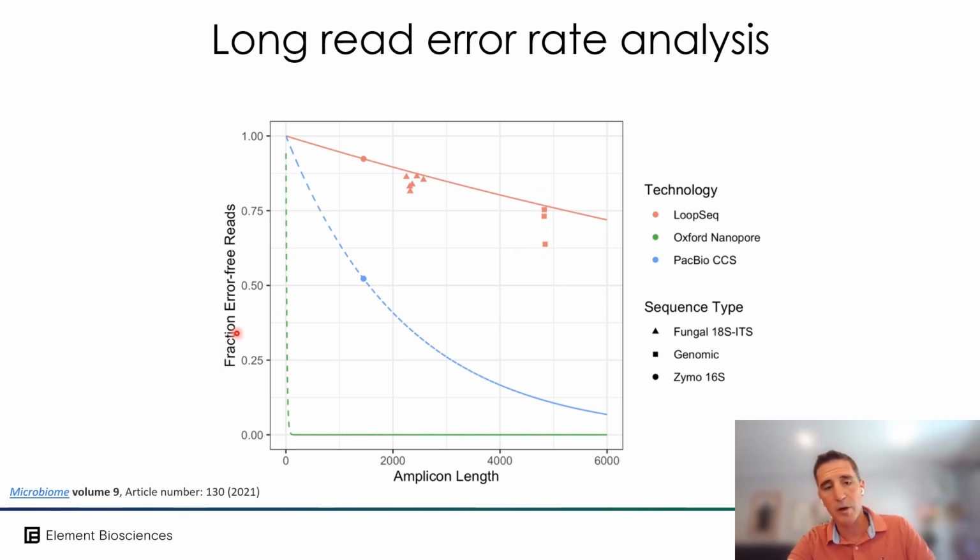What they're plotting is the fraction of error-free reads, so reads with 0 errors in them, as a function of the length of the read. You can see that across all the different read lengths, LoopSeq has a much higher fraction of error-free reads, which means that you have way fewer false positive results in your data.